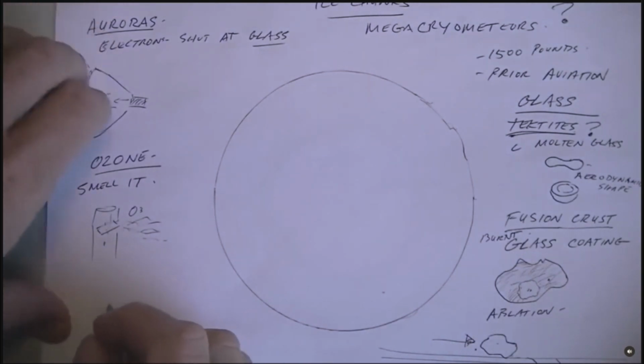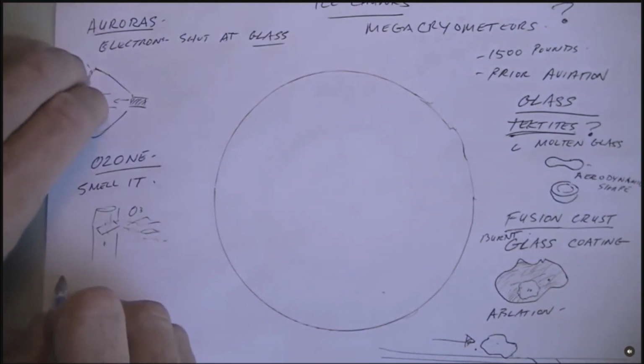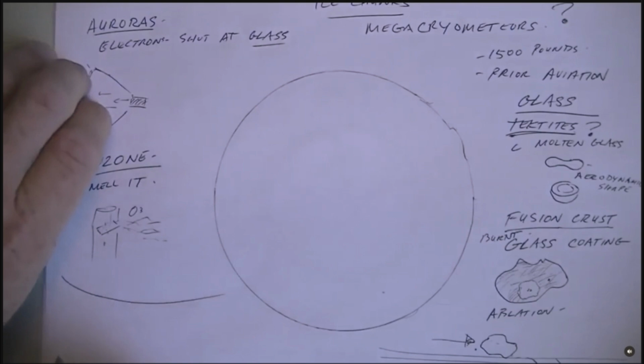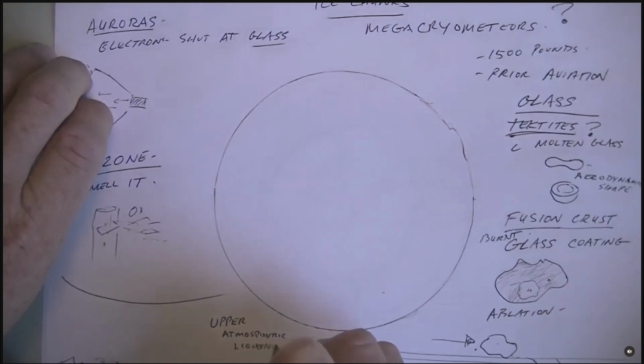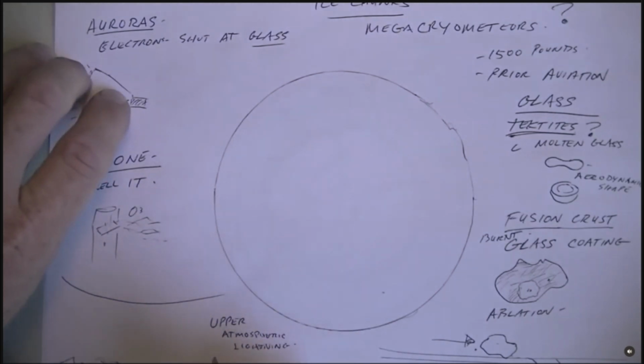Another reason that we have glass in the sky is, to draw a little cross section here, here's the earth, here's the water, here's the clouds in the sky. In a thunderstorm, you have the lightning beneath the clouds, right? But you also have upper atmospheric lightning. They call those sprites.